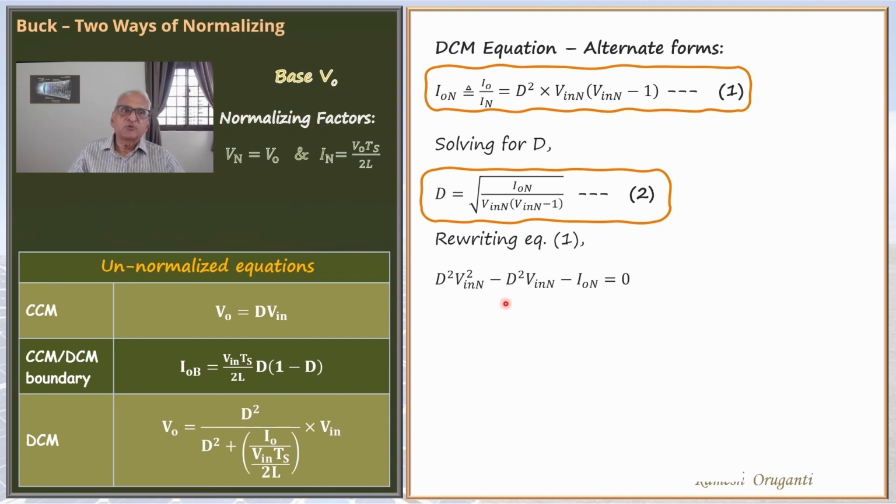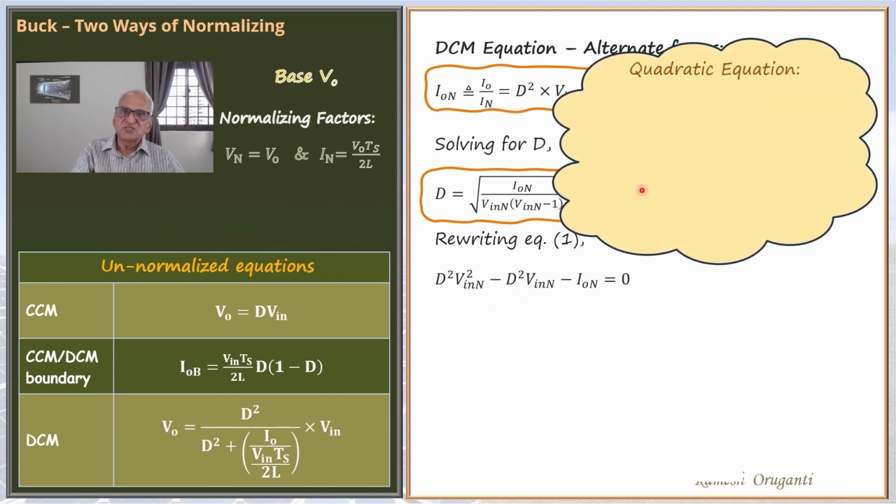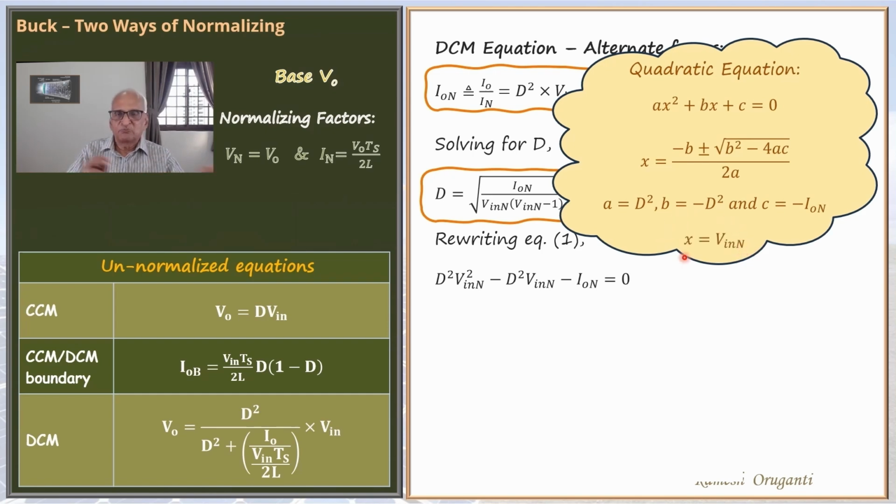If you have a quadratic equation, ax square plus bx plus c equals 0, you know that the solution x will be minus b plus or minus square root of b squared minus 4ac by 2a. Here a is d square, b is minus d square, c is minus ION, and x is Vinn. So you have to plug in those things and you can solve for Vinn. Vinn is d square plus or minus square root of d power 4 plus 4d squared ION by 2d square.